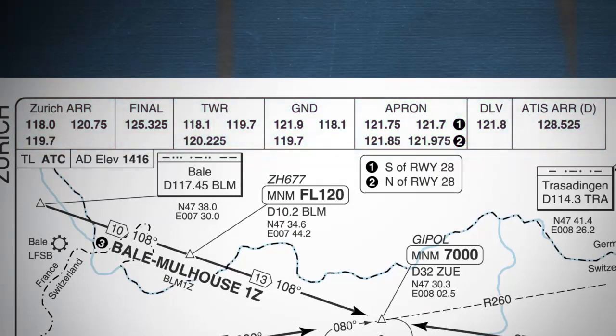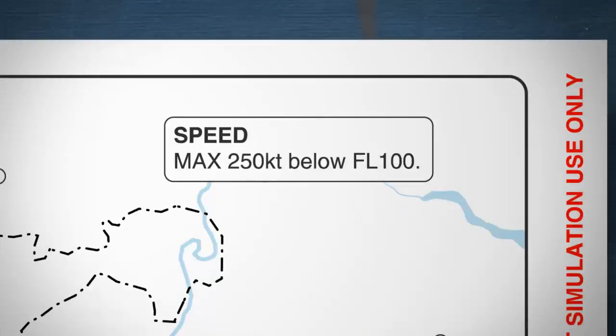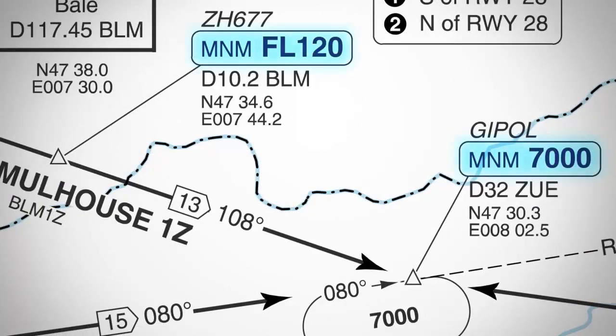There is a speed restriction of maximum 250 knots below flight level 100, which is basically 10,000 feet, and we will need to make sure that the aircraft adheres to this restriction. We see that there are altitude restrictions present at flight level 120 and 7,000 for the ZH677 and Gippel, respectively. We will need to check these in the FMS later.